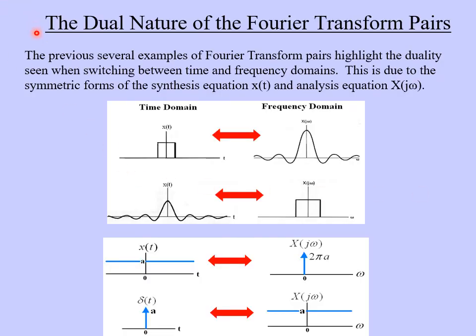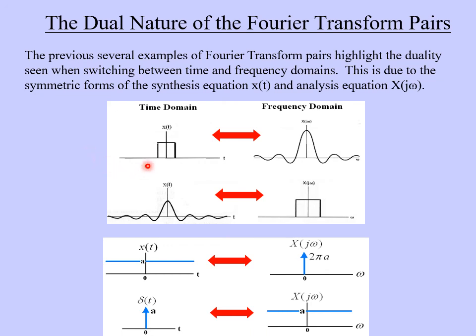Okay, so finally, here's our last slide of this part of the video. I just wanted to again point out this idea of the dual nature of the Fourier transform pairs. We've seen this now in several examples where there is a duality seen when we switch between time and frequency domains.